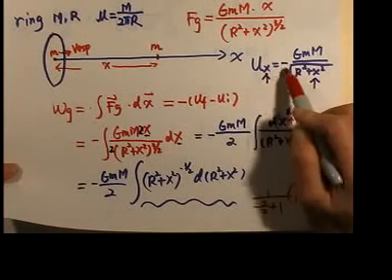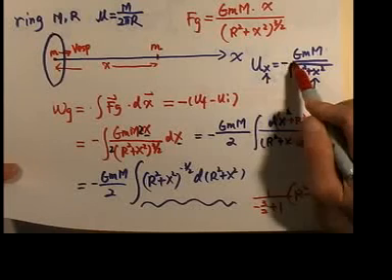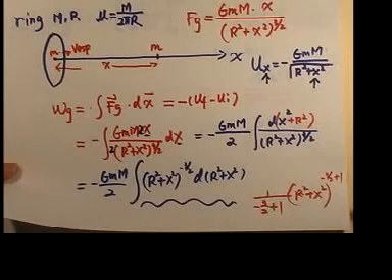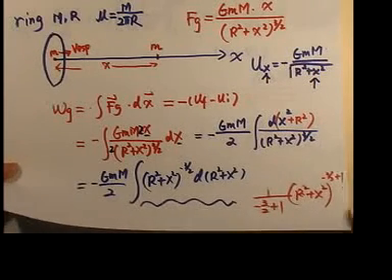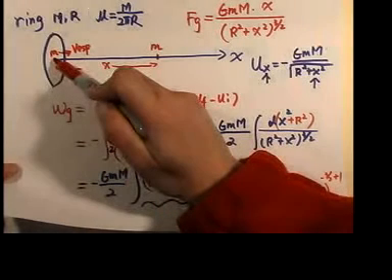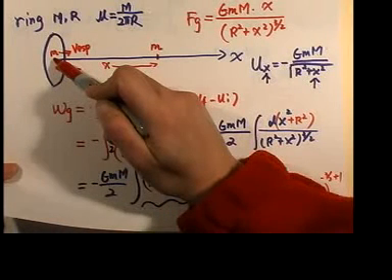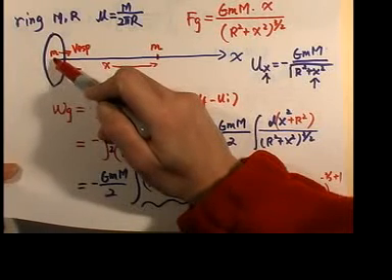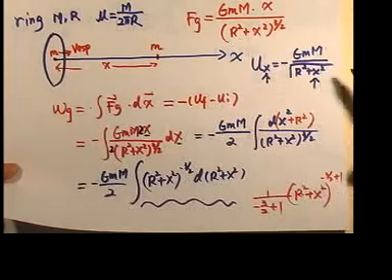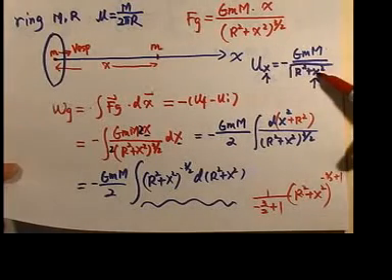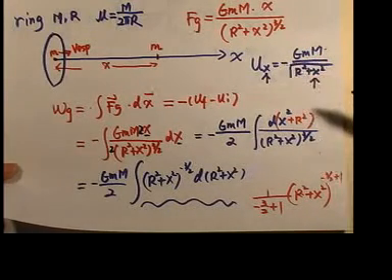When x equals 0, it comes out negative G m M over r. Isn't that interesting? The gravitational force between the ring and M, if M is at the center of the ring, is 0. But it does have a potential energy, which, when x equals 0, is negative G m M over r.